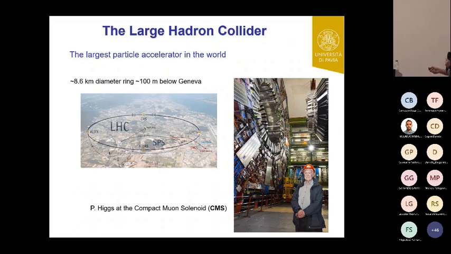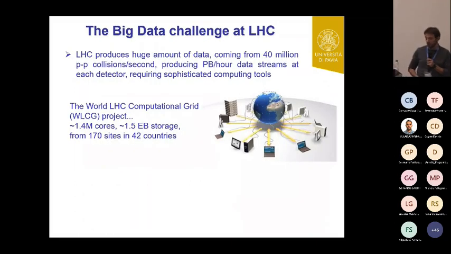It is a ring of almost 9 kilometers in diameter, 100 meters below the city of Geneva, which after a few acceleration stages allows protons to collide with other protons at incredible energies. This is where the famous Higgs boson was discovered about 10 years ago. This is Peter Higgs himself, next to one of the big detectors that I'm going to talk about.